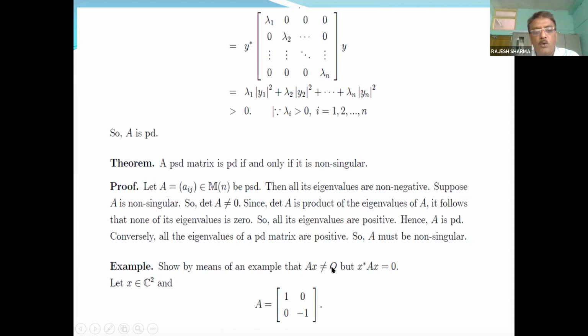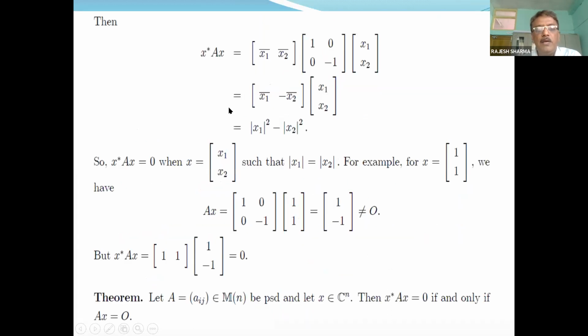Now an example: it may happen that Ax is not equal to the 0 vector, but x star Ax is equal to 0. Let x belong to C2 and A be the matrix with rows 1, 0 and 0, minus 1. Then x star Ax comes out to be mod x1 square minus mod x2 square.